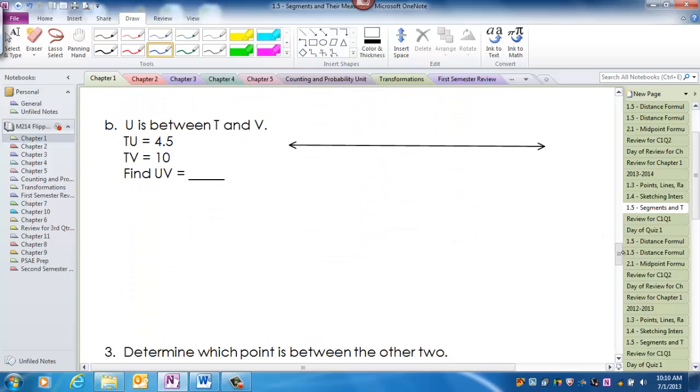Okay, next one. U is between T and V. So we want to put point U somewhere between point T and point V. Okay, and then let's label our diagram. So TU, the measure from T to U, is 4.5. The measure then from T to V, now that's the whole long segment, that is 10 units long.